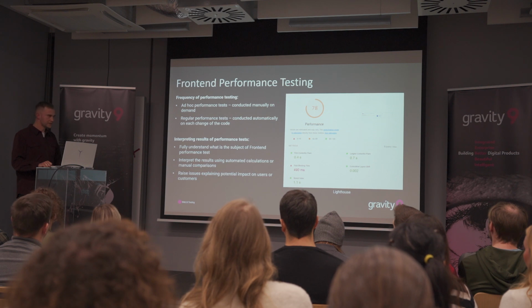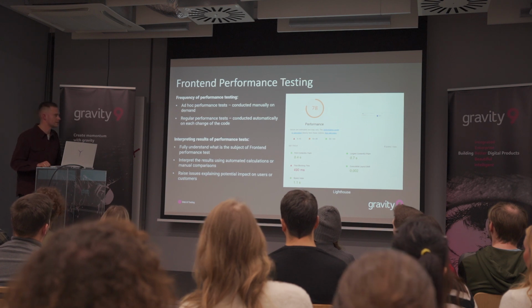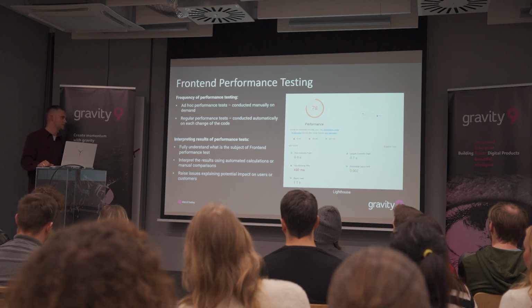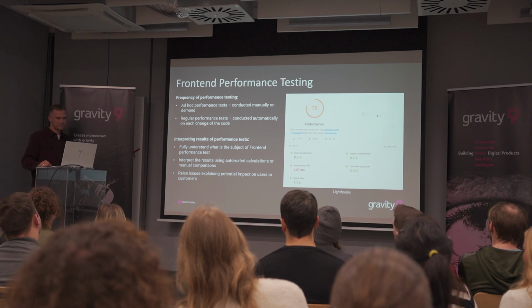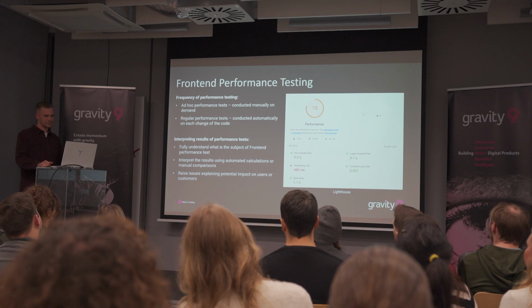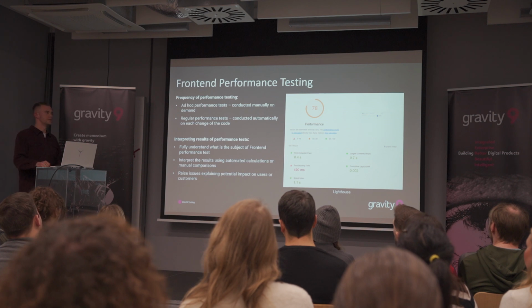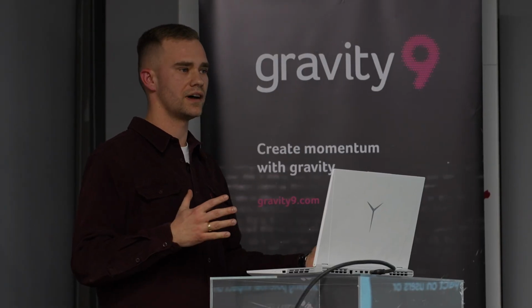However, when it comes to testing front-end performance, it's not only running the tool and hoping it's going to be all green, and the score is like 100, and all the metrics will be green. It's much more, and it requires you to gain at least some basic knowledge. For example, what is the FCP, what is the LCP, how is the blocking time measured, or what are the layout shifts.